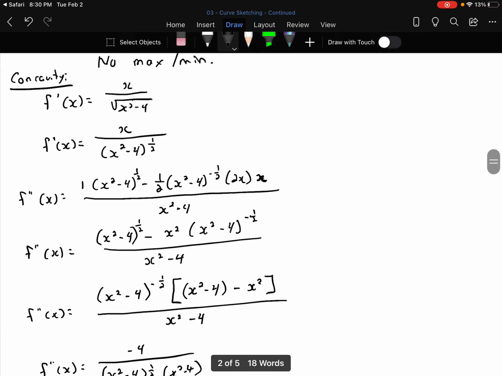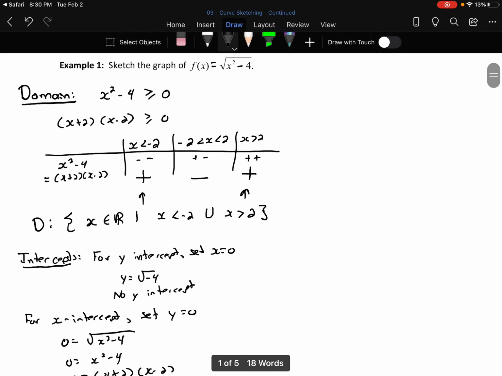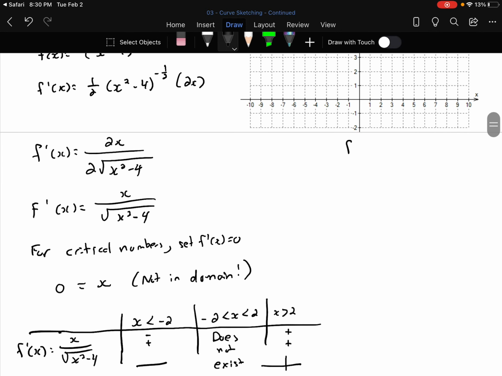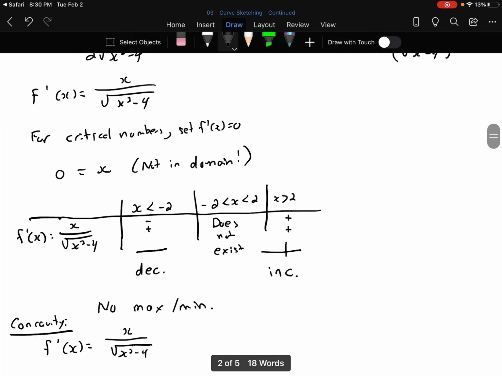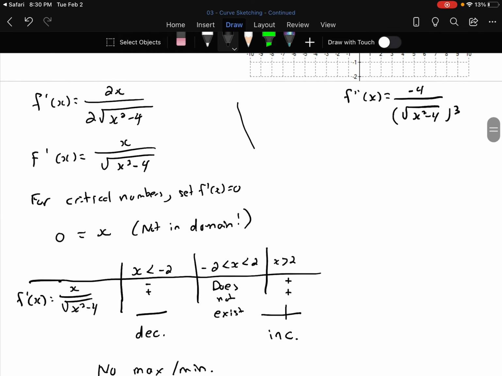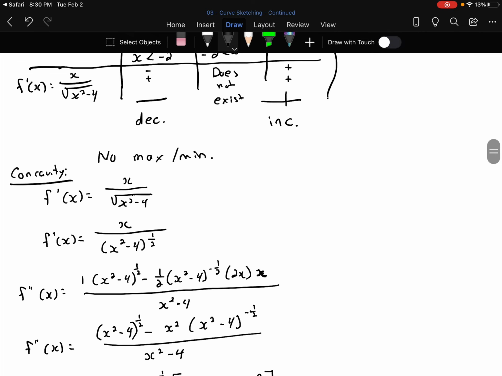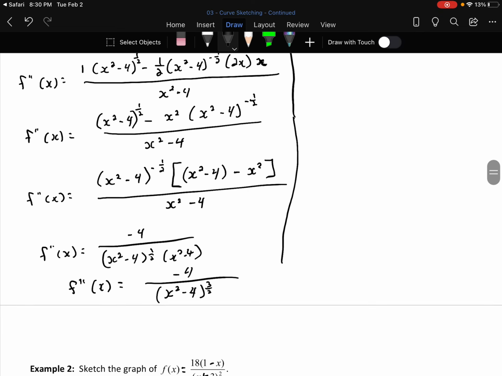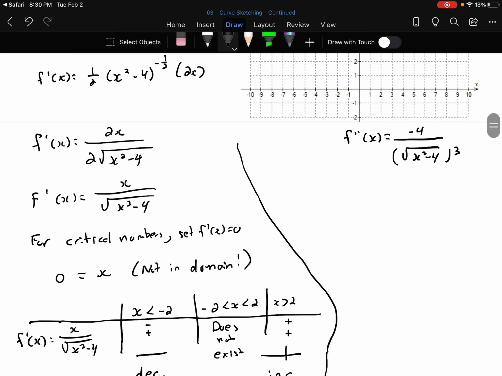And maybe we want to even fix that up a little bit more from there. I'll go over here. F double prime at x equals negative 4 over square root x squared minus 4 cubed. There's several ways to write that, depending on how you want it to look. But that would be the most formal way, I think.